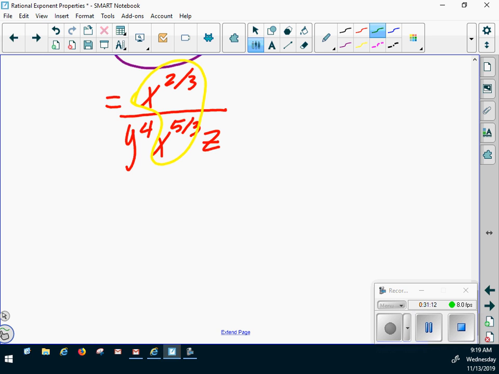But does that x to the first stay in the numerator, or does it stay in the denominator? In the denominator, because 5/3 was bigger than 2/3. So this is going to be 1 over y to the 4th times x times z.